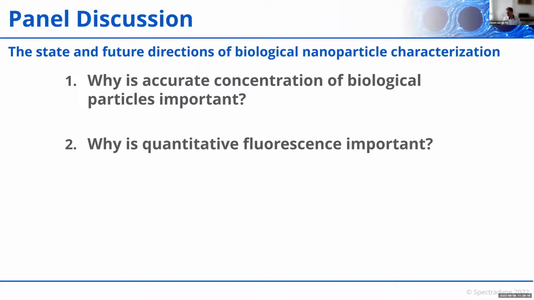Body fluids or other fluids containing cells often just have a very complex mixture of particles, right? So for most applications, only the concentration of a specific subset of these particles is relevant.